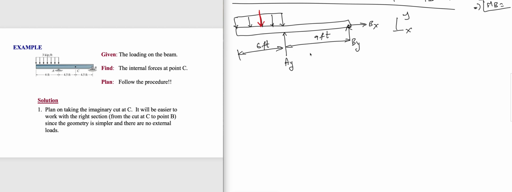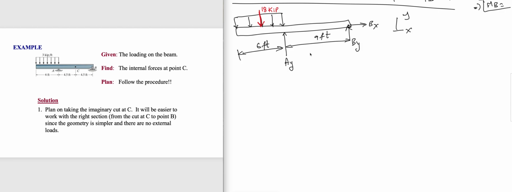So 3 kilopounds per feet is the distributed load. So what will be the equivalent load? That will be 3 times 6, that will be 18 kip. Kip means kilopound, right? Now the free body is complete.